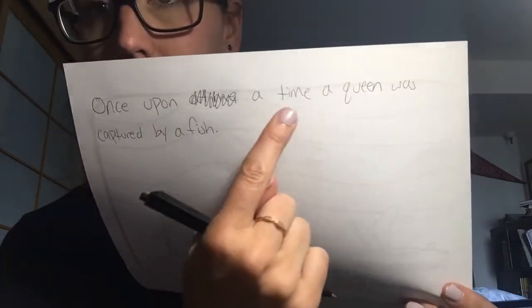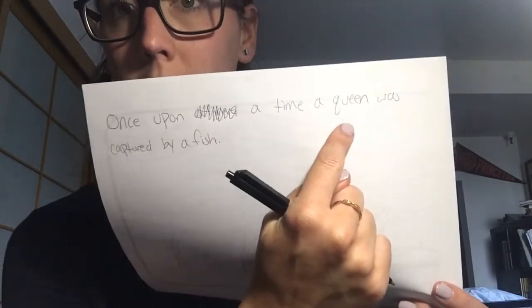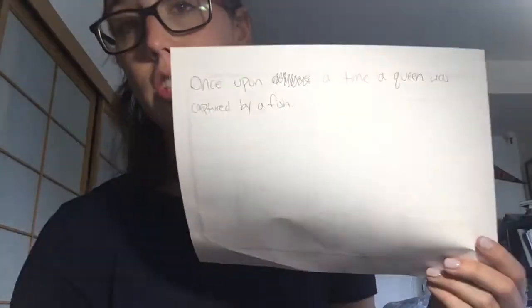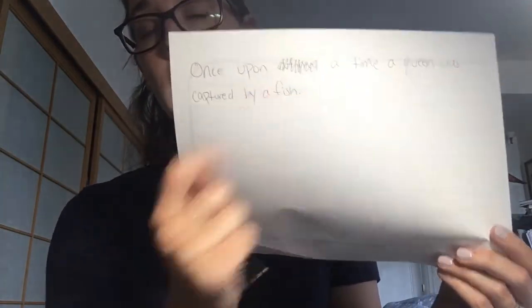Once upon a time, a queen was captured by a fish. So I've already introduced my 2 characters in my story. I've got my capital, my period, and my finger spaces.